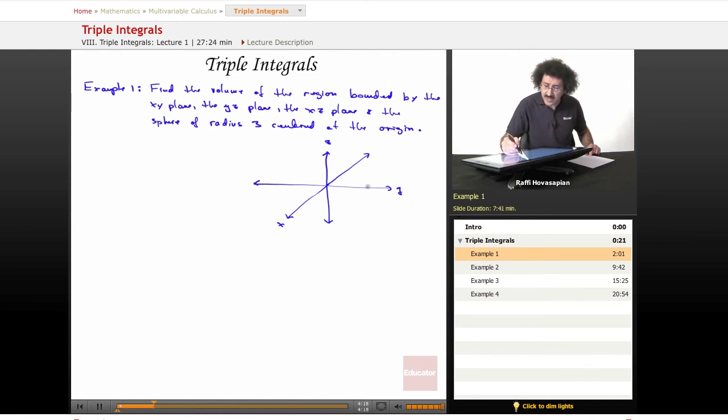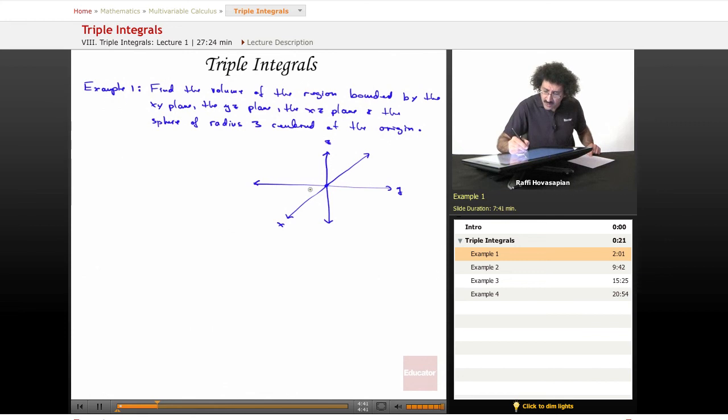So the xy plane, that's this thing right here. The yz plane, that is going to be this right here, and then of course the xz plane. So I'm bounded from below, from this side, and I'm bounded by the sphere of radius 3.